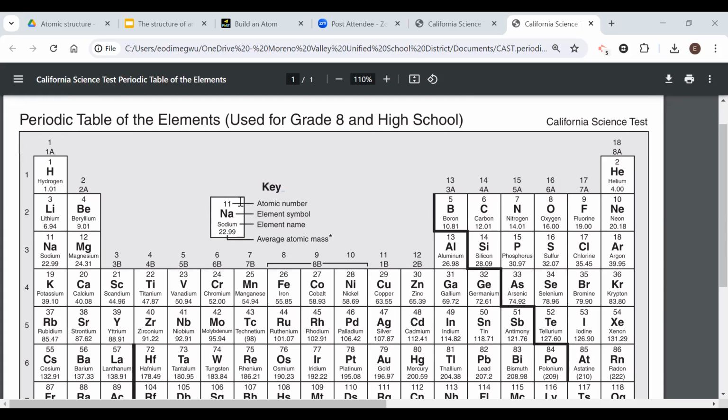So this atomic number is a unique number for each element. No 2 elements have the same atomic number. It's like an ID number. If I say an element with atomic number 6, there's only one element that can have atomic number 6, that's carbon.